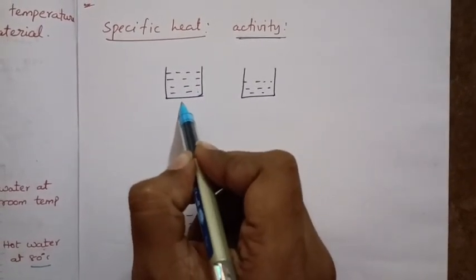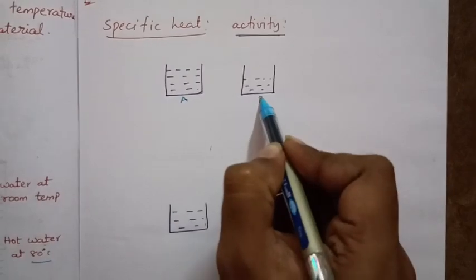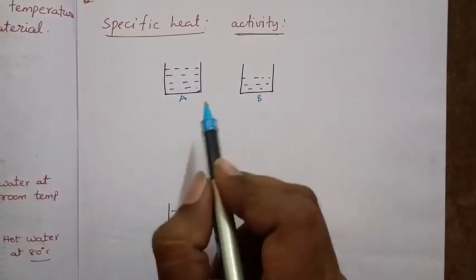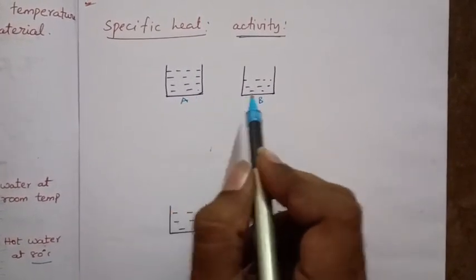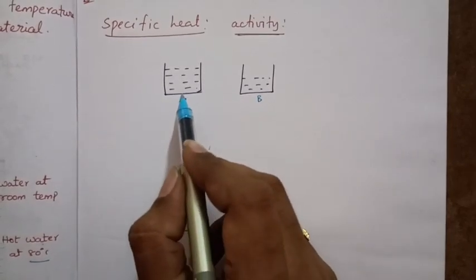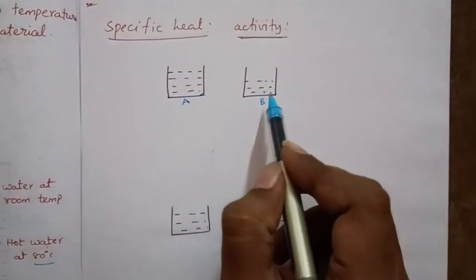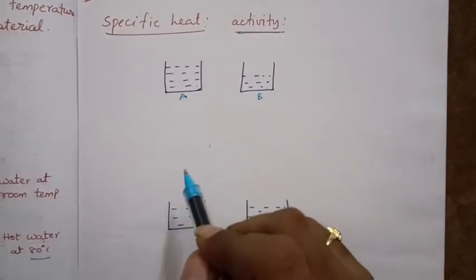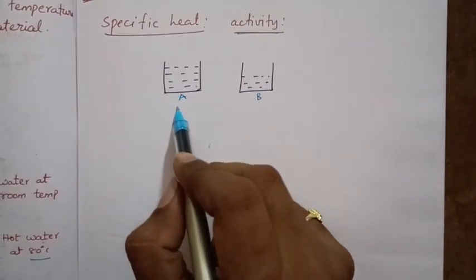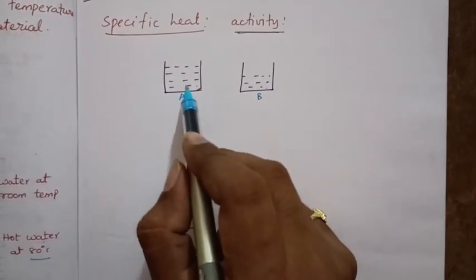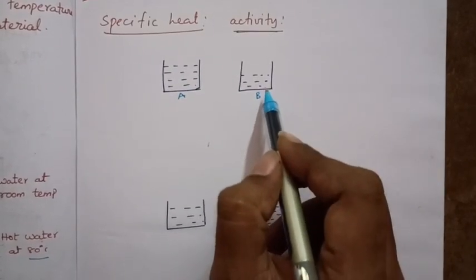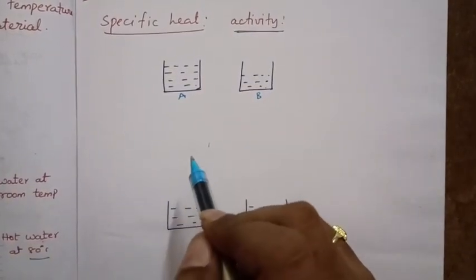We can name them A and B. Now, by seeing the diagrams, we can say that A has more water when compared to B. So mass of A is more when compared to mass of B.